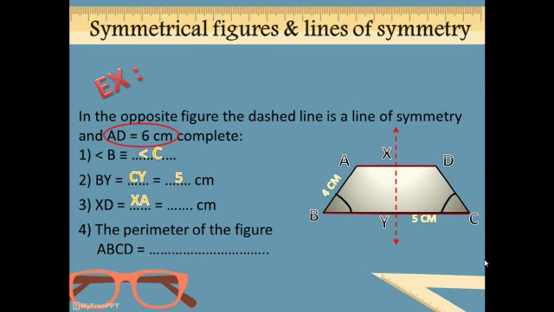And I know that a line of symmetry will divide AD into two equal parts, which means that XD is half of AD and XA is half of AD, because both of them are equal to each other because of the line of symmetry, which means that XD is equal 3 centimeters, the half of 6 centimeters.